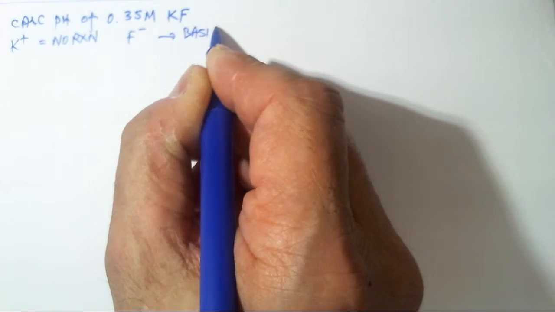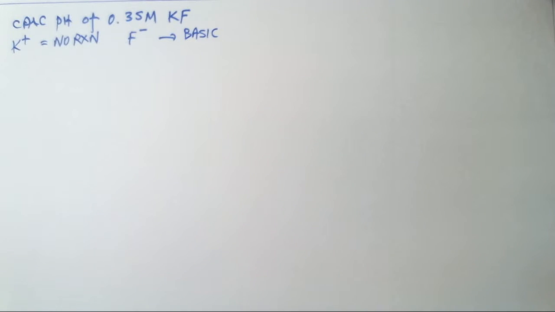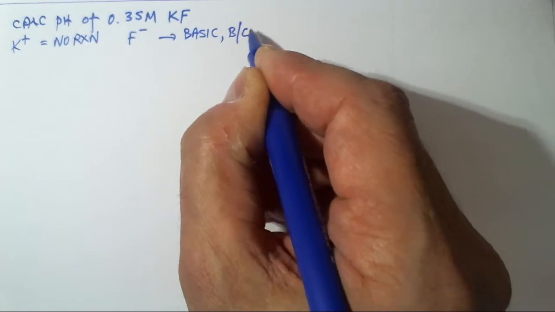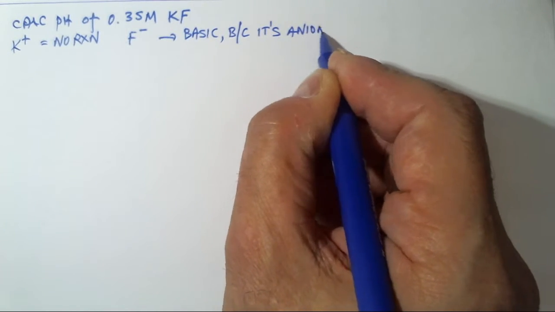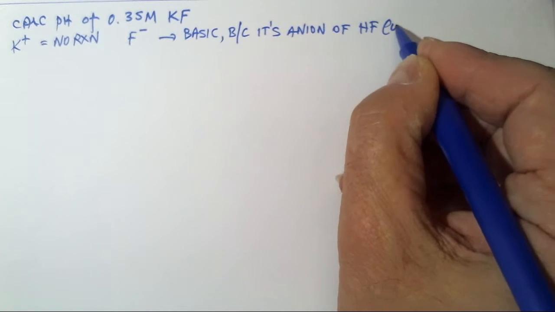And a good way to remember this is that fluoride is the anion of a weak acid. I mean, you do have to know what your strong and weak acids are. Most acids are weak, and so this is basic because it's the anion of HF, and HF is known to be a weak acid.